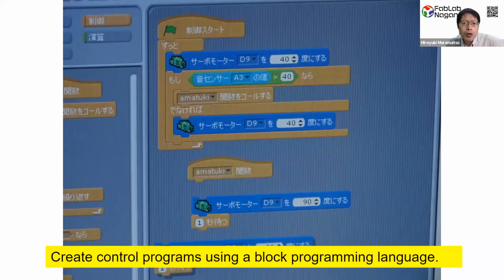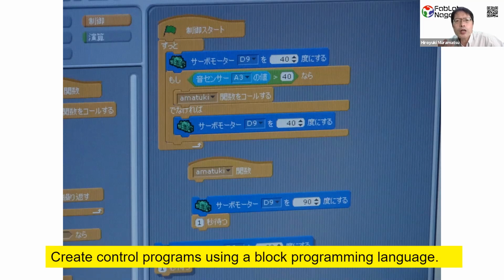So this picture shows creating control programs. Do you know Scratch? Scratch is a very famous programming language for education. The control programs are like Scratch, a block type programming language.